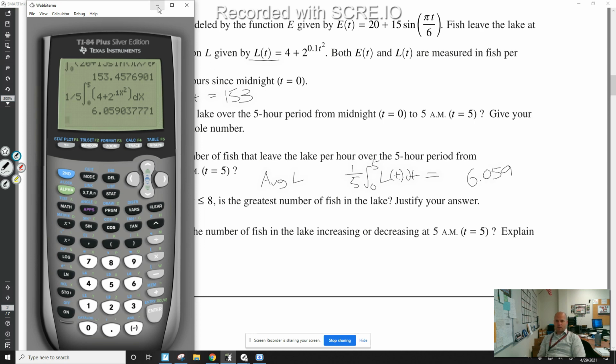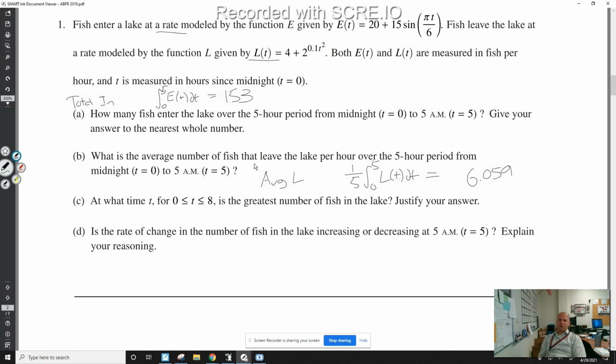They don't ask for units, so probably best if they don't ask you. They're kind of providing the units here. Don't provide units unless they ask you, or else you might make a mistake. So this is fish per hour. This is average.